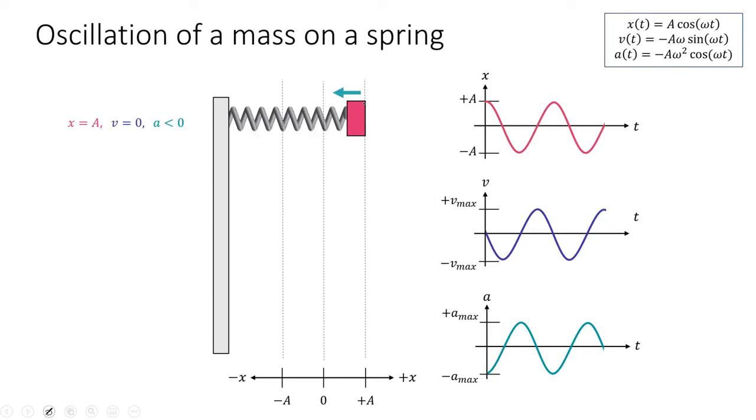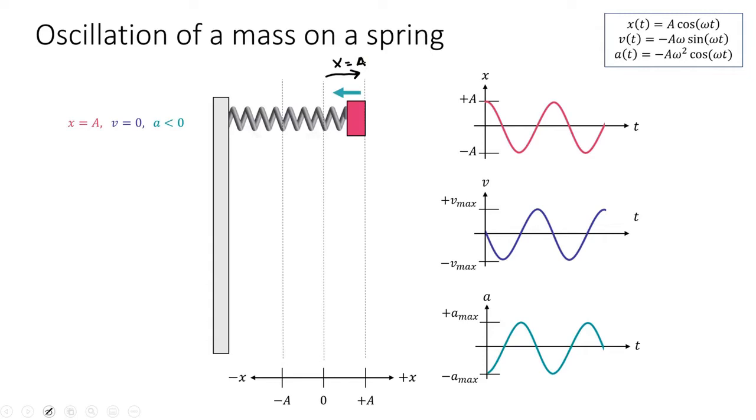If I were to let go of the mass, right before I let it go, it would have a velocity of 0, and its acceleration would be negative because we know that the spring force always pulls in the opposite direction compared to the displacement. Here my displacement is in the positive direction. That's the displacement from equilibrium, so that would be our x here, which is going to be A. The force exerted by the spring on the block is going to be in the opposite direction, pointing to the left.